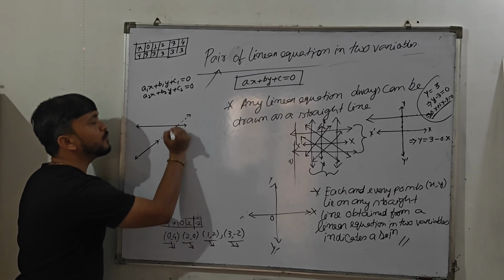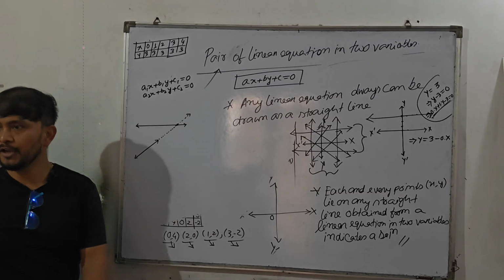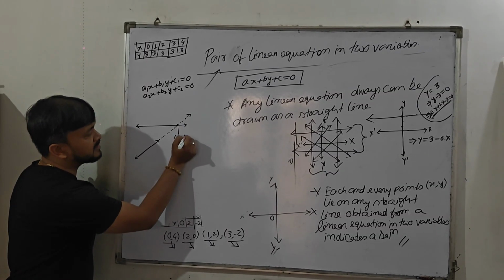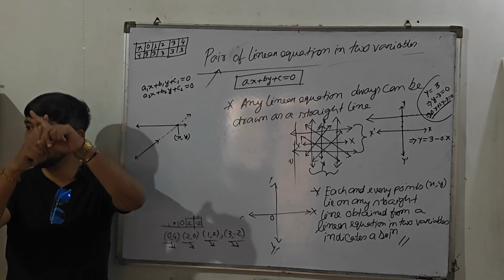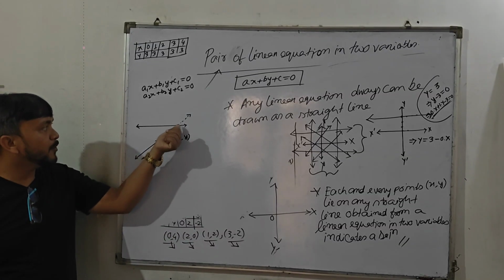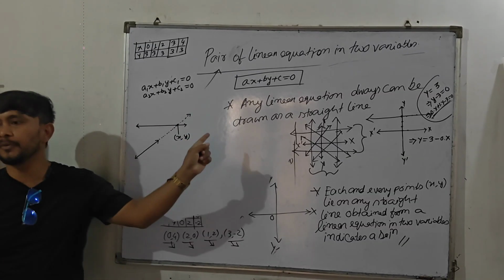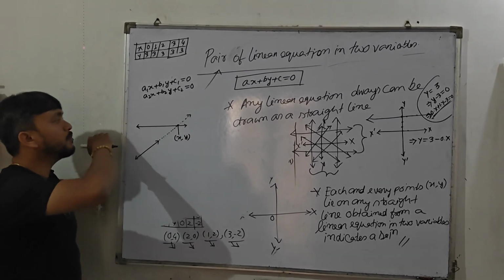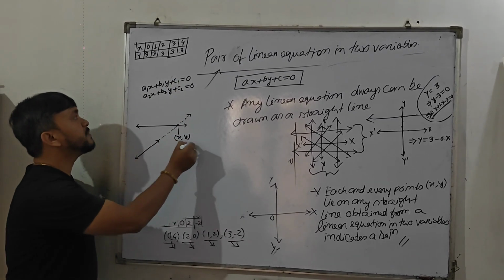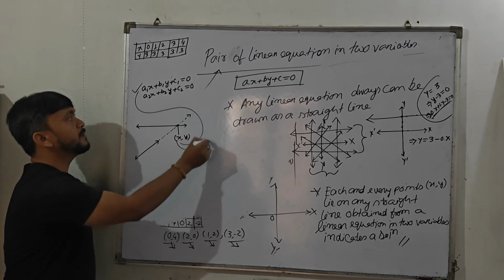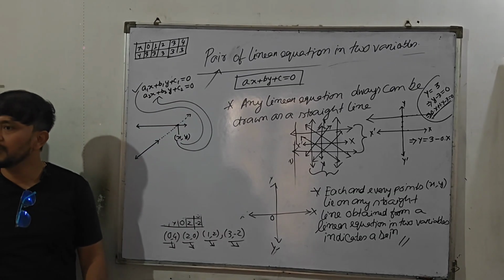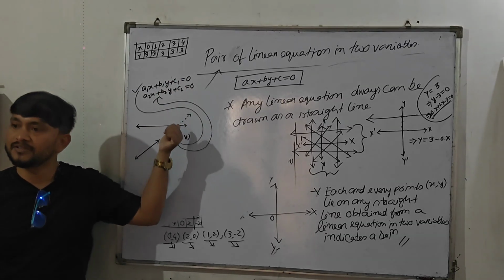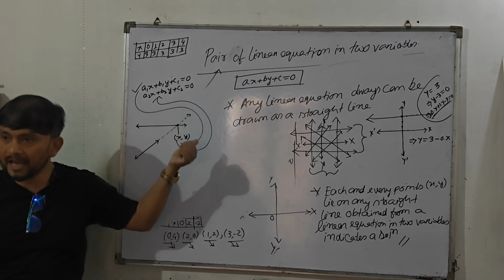That means there will be a coordinate point for the point of intersection of both lines. This common point of intersection lies on both straight lines, so this value will satisfy this equation and also this one. So this is the common solution for both of the linear equations.